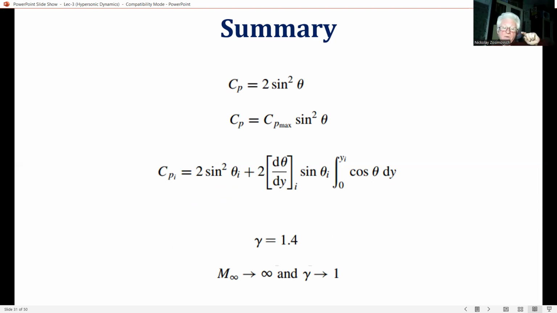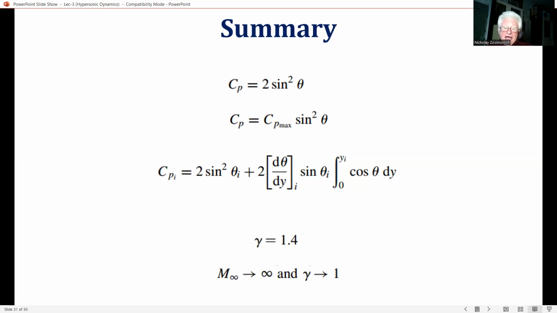And for our two-dimensional body, this result will be described by this expression, this integral. And next, fourth, the tangent wedge method, where the pressure at point i on a two-dimensional body is assumed to be the same as that on a wedge with deflection angle theta.